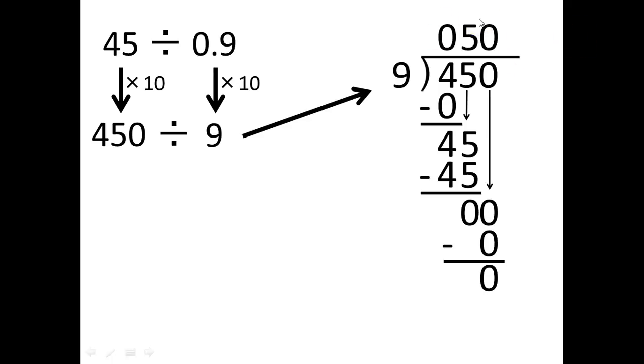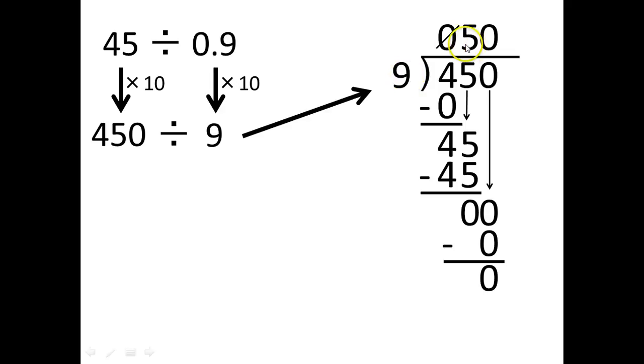What we could do is cross out, ignore, or get rid of the 0 on the very left, because that's telling us that there's no value to that. Then if we look at our quotient, we can see that the quotient is 50. So 450 divided by 9 gives us 50.